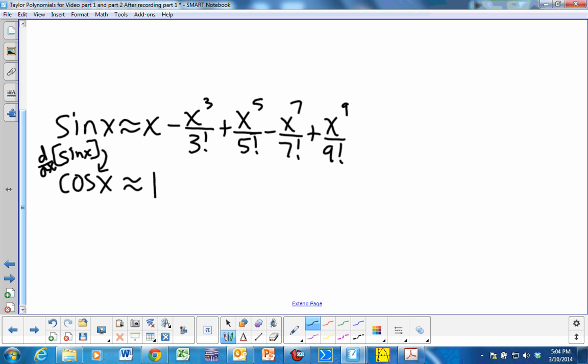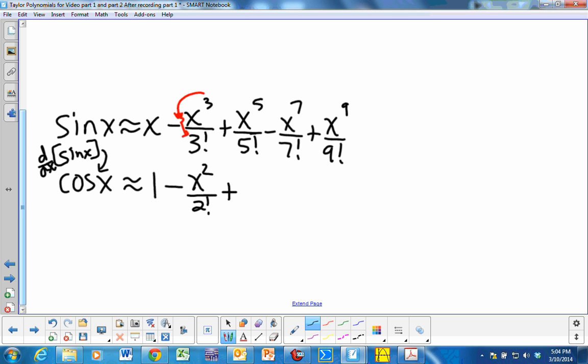So the derivative of x is 1. This next derivative, you're going to get a 3 in front because you're going to put 3 here, and then you're going to lower the power by 1. Well, that 3 that goes here is going to cancel with the 3 there, and you're going to end up with x squared over 2 factorial.